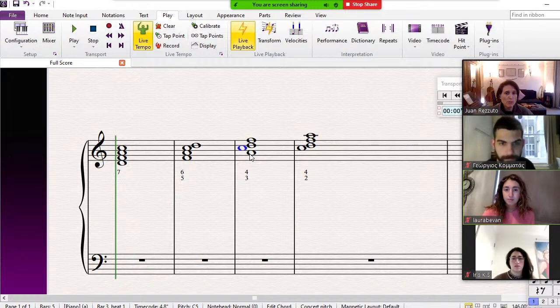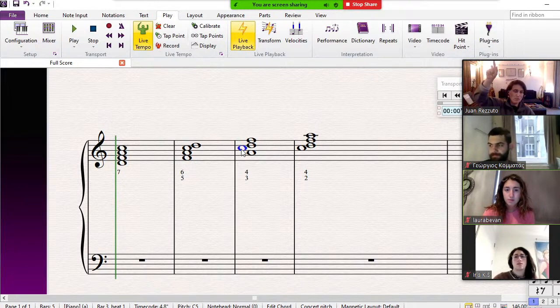Although we say 4-3, we name them from the upper number to the lower number. The lower number comes first because it's from the bass to the higher note, to the next one. That's 3, 4. The one we're missing is a 6.